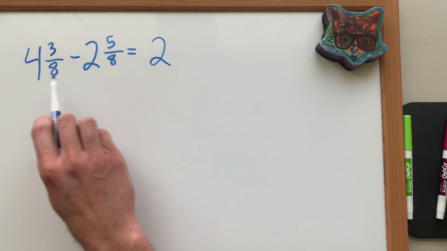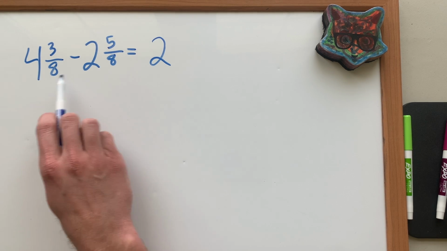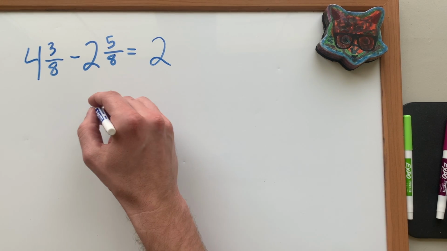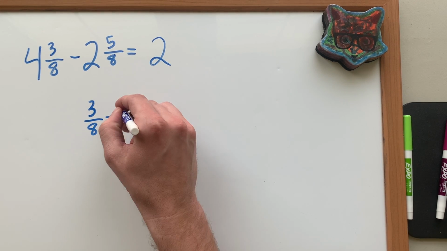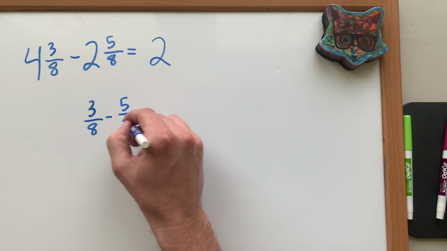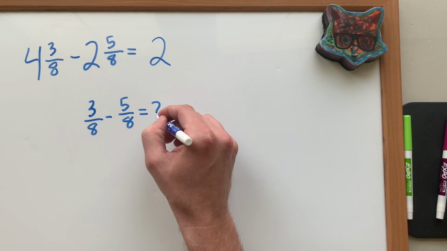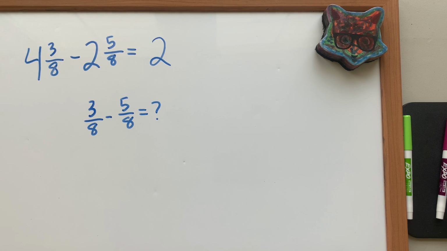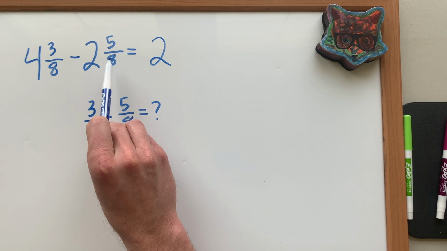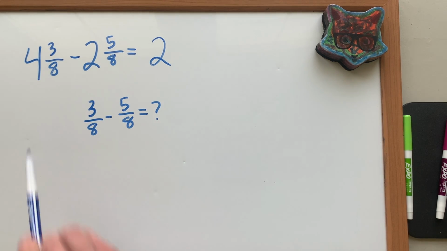And then you can add or subtract the fractions because they have the same common denominator. But look what happens. 3/8 minus 5/8. Uh-oh. I'm trying to take away more than what I started with. So this problem has a little bit of an extra twist because the fraction that's being subtracted is bigger than the fraction we're starting with. How do we take care of this?